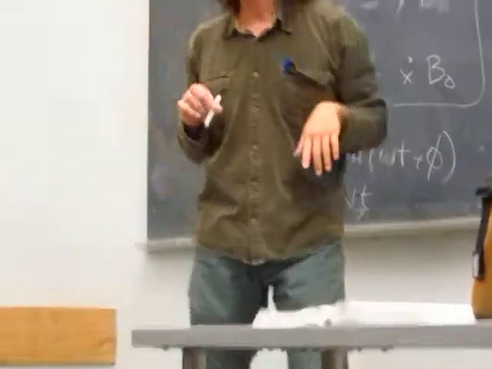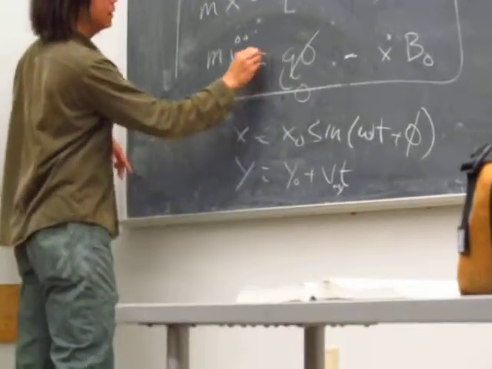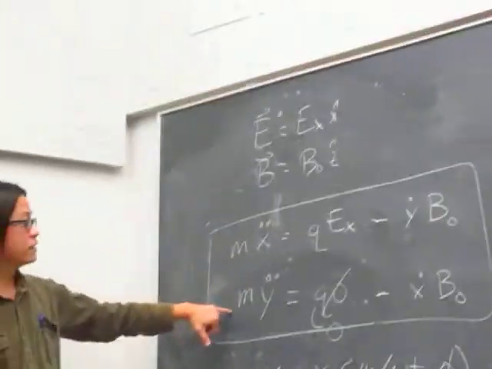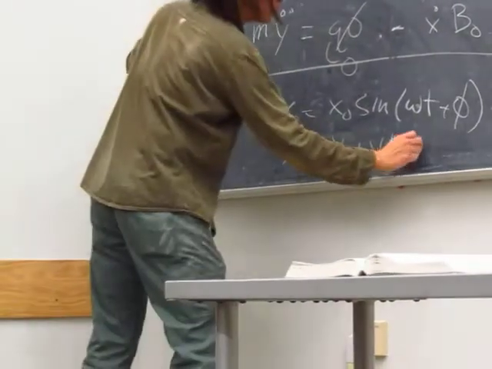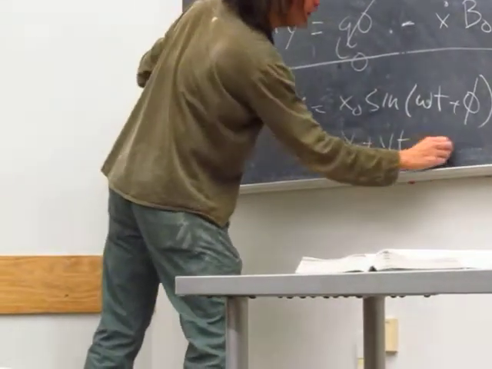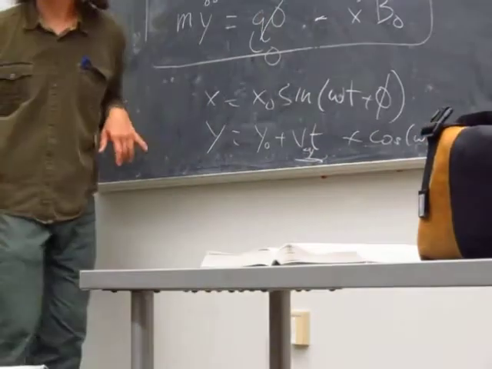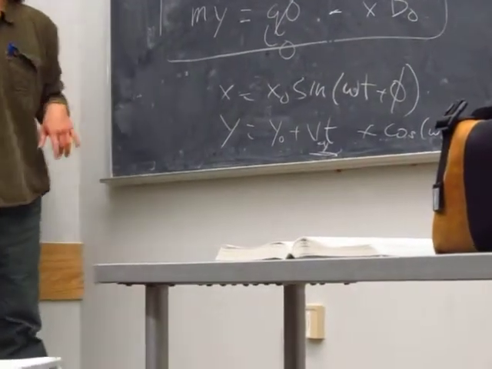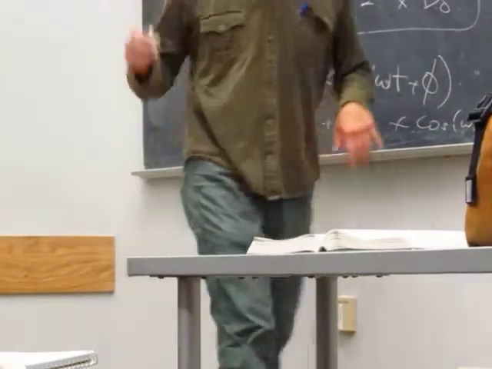Shouldn't the y variable also have a sinusoidal term when you solve for it? Yes, you're correct. There is a drift term and there is also a cosine term. Yes, correct, sorry for that. I forgot.